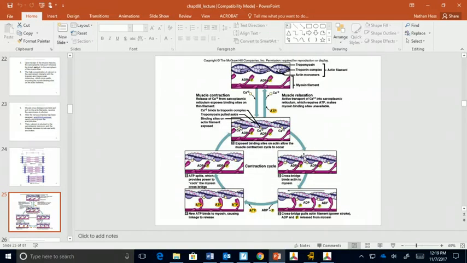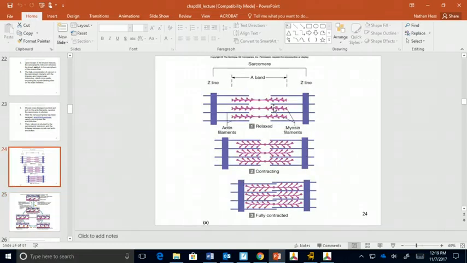When that bond happens, then ATP is used to actually bend that cross bridge. And when that happens, we're taking it from its resting, relaxed state, and we're shortening, moving these two Z lines closer together. So this is partially contracted.